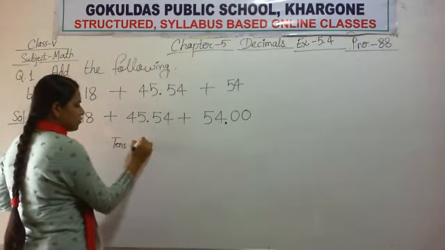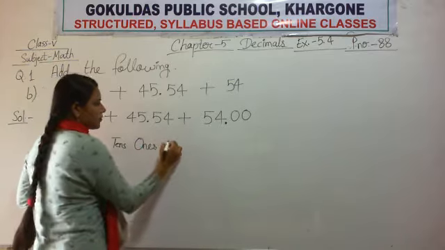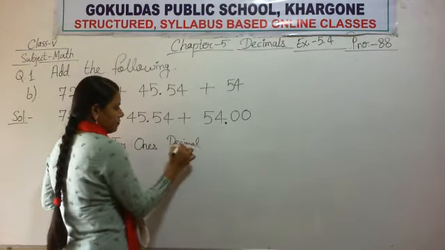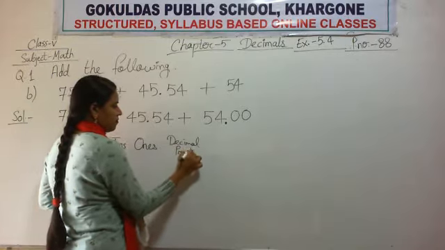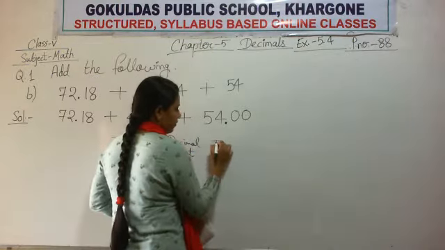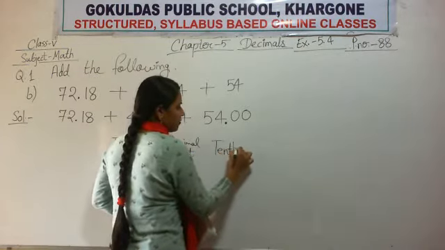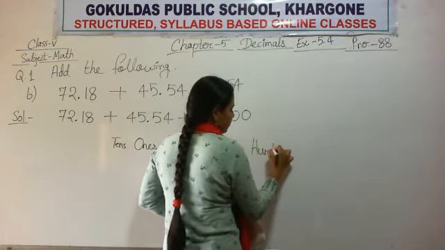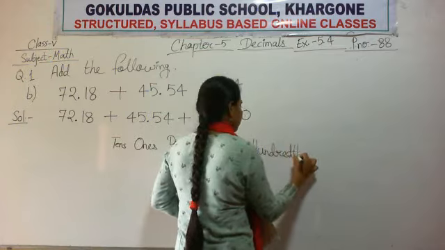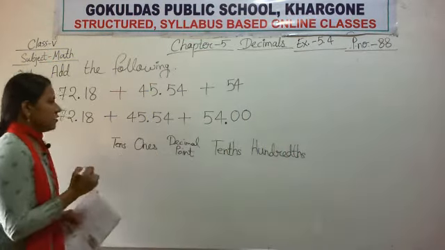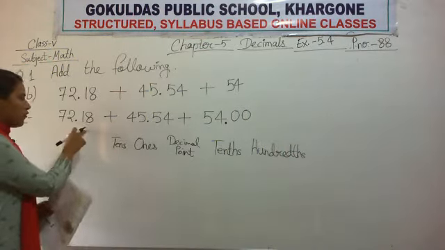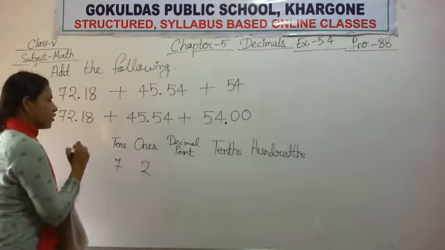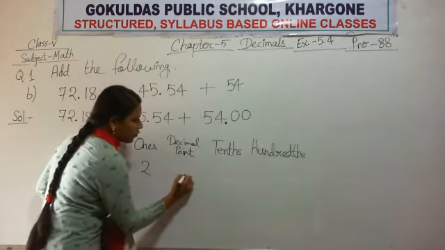Tens place, ones place, decimal point, tenth place, hundredth place. Now your first number is 72.18, so write it according to its places. 72.18.